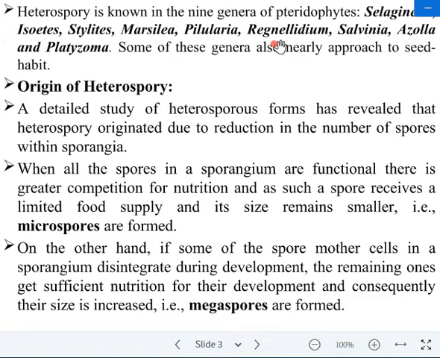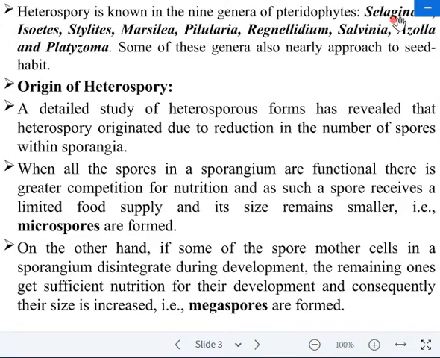You have to remember the names of these 9 genera, and except these 9 genera, the rest are homosporous. You may say that near about 99.9% of fern which have been reported by pteridologists are homosporous, and very few, only 9 in number, have been reported by pteridologists as heterosporous.